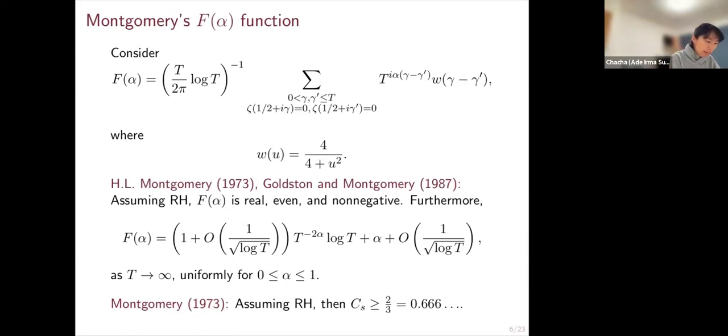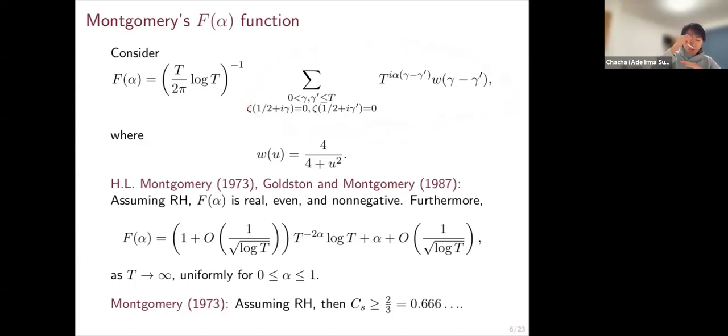So he defined this F function, which I will call F of alpha, which is in some sense detecting or looking into pair correlation of any pairs of two zeros.